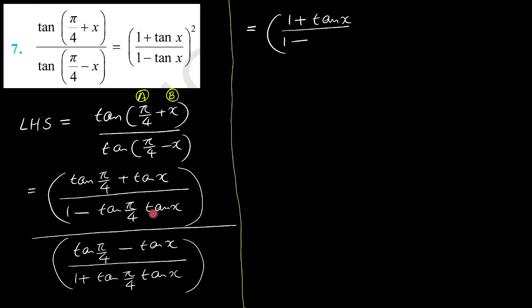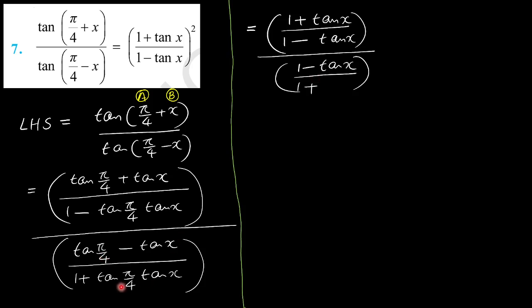In the denominator again tan 45 is 1, so 1 plus 1 into tan x, which is tan x.